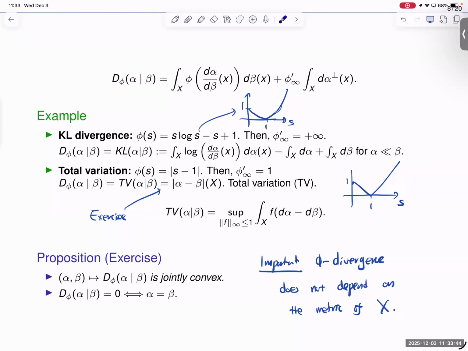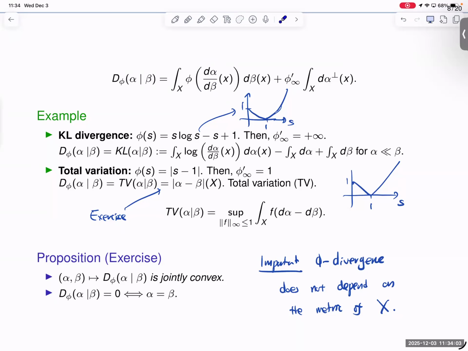There's no comparing the mass at different locations. Just at the same location, you compare the mass. So it does not depend on any geometry on X.